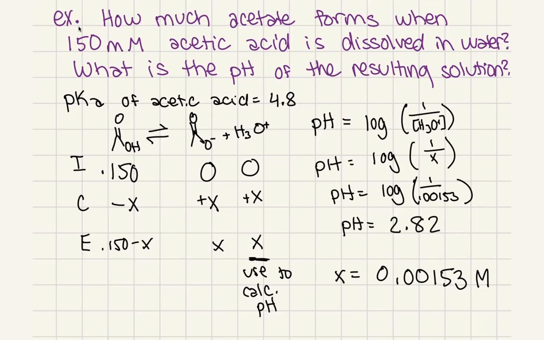And we're going to have 0.00153 molar concentration of our acetate and of our protons. So remember that it's this concentration of protons that's going to be determining the pH. And our pH in this case is going to be 2.82.